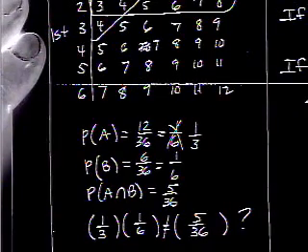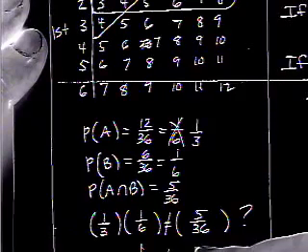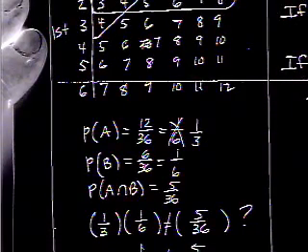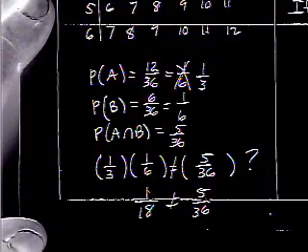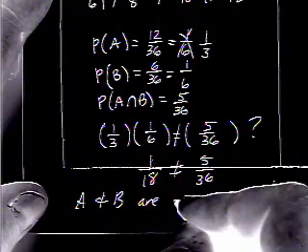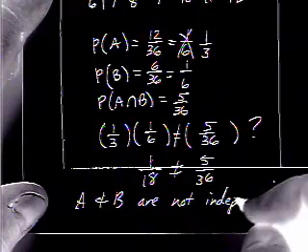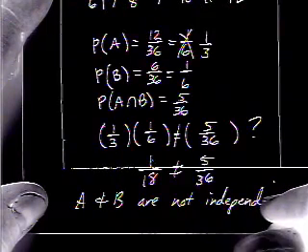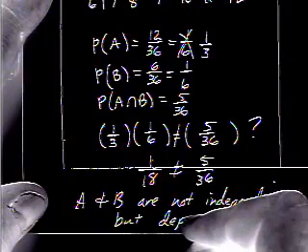Clearly the answer is no. 1 over 18 does not equal 5 over 36. So these events, A and B, are not independent, but dependent.